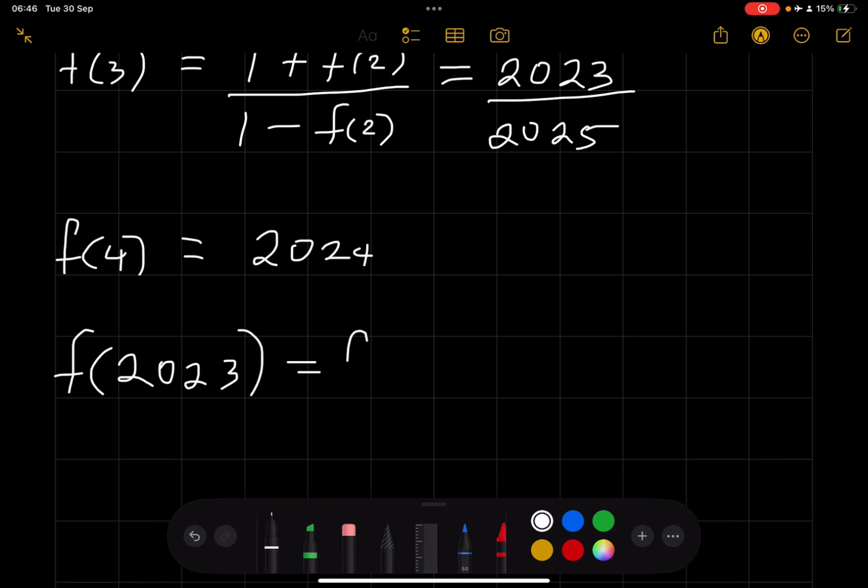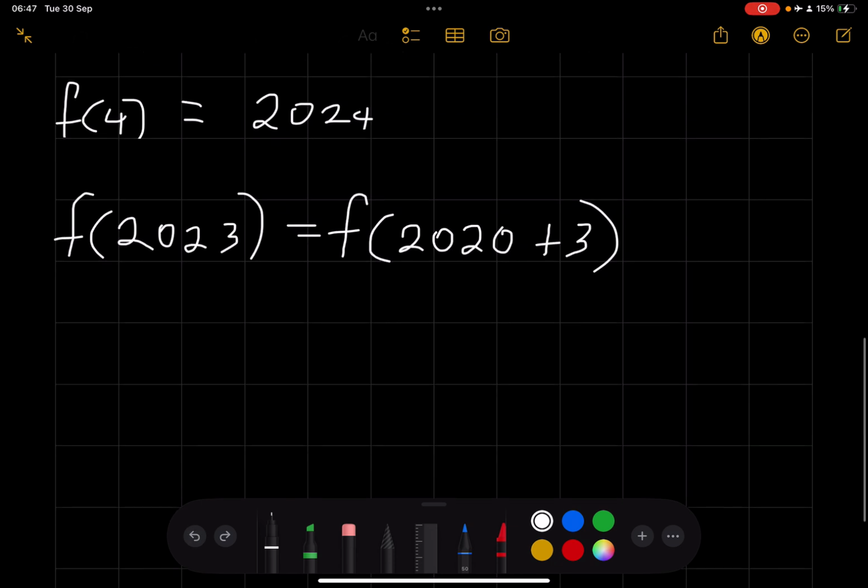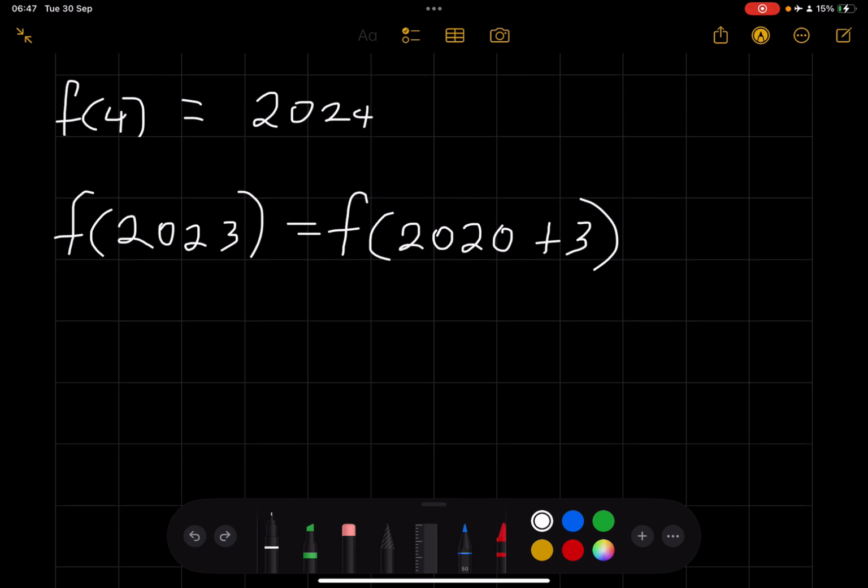This will be the same. I'm going to break it into a multiple of 4 and something, because I know we're periodic in multiples of 4. So this is the same as f(2020 + 3). I just broke 2023 into 2020 plus 3. Now we can see that 2020 is a multiple of 4.